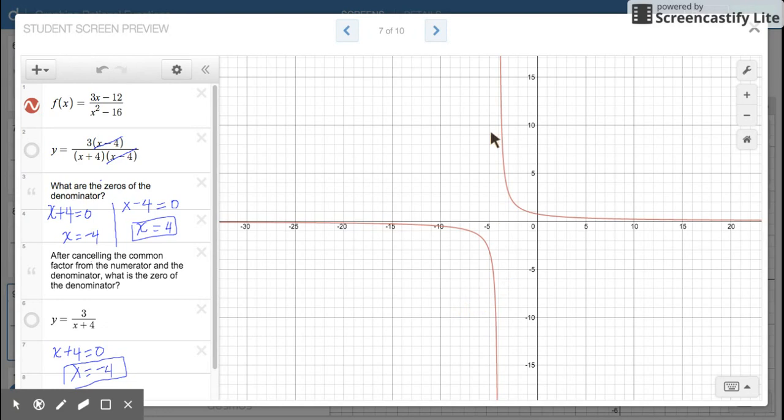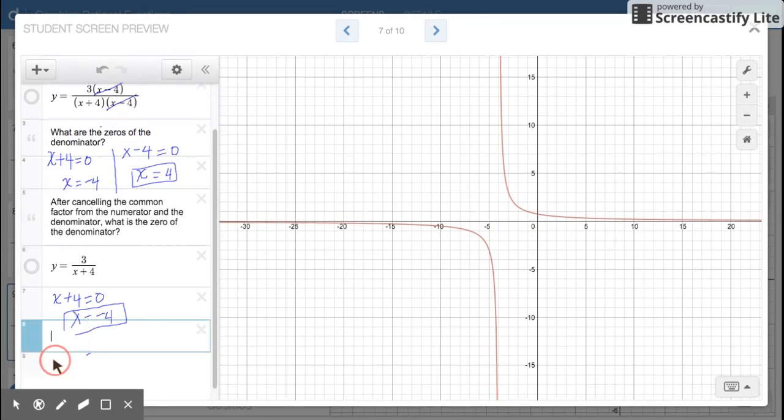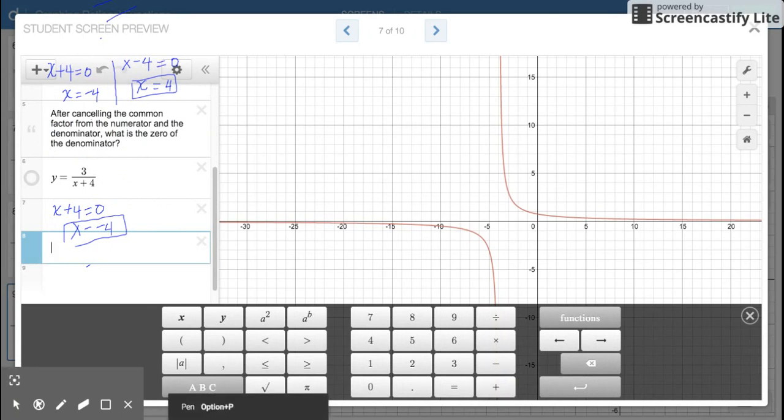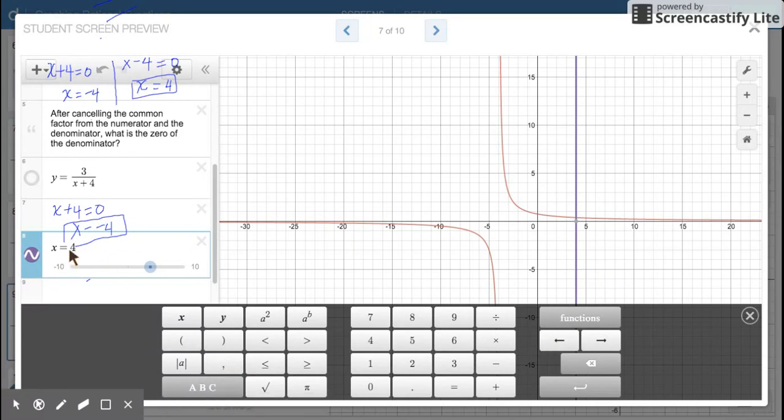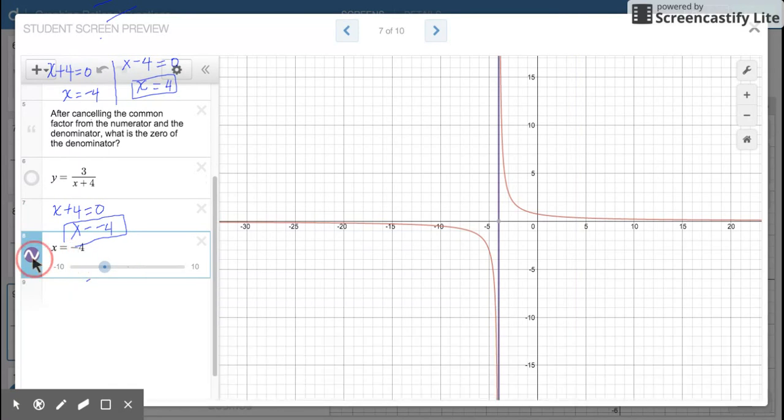And there seems to be a boundary between the two branches. And it seems that this boundary is at x equals 4. So if I put here x equals 4, oh, that's not positive 4. It should be negative 4. x equals negative 4. If I make this broken, that is the vertical asymptote.